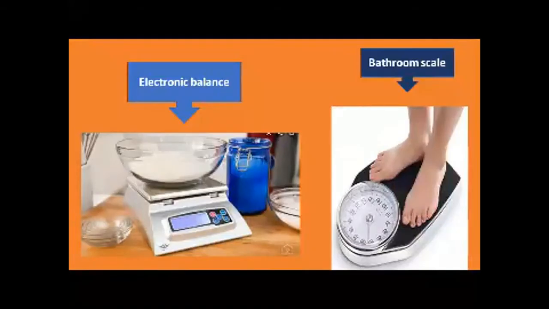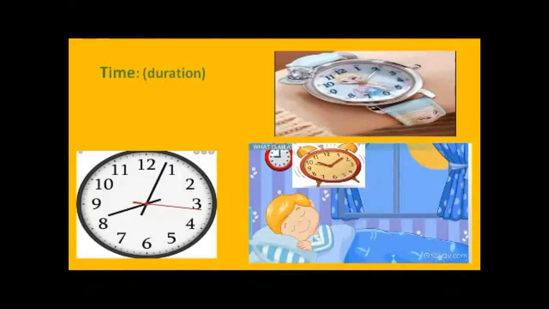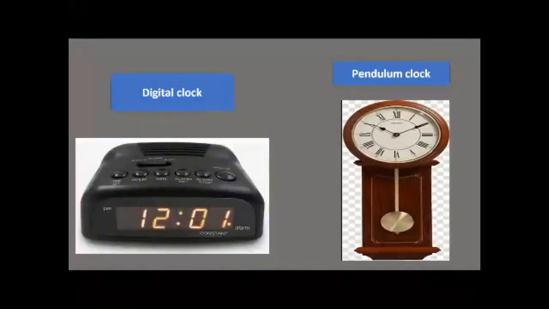Now again: wall clock, wristwatch, quartz clock, digital clock, pendulum clock. These are all used to measure the time. Okay, got it? We have learned we can measure the time with clocks, and knowing the time is very important. Otherwise, you will get late for your school.